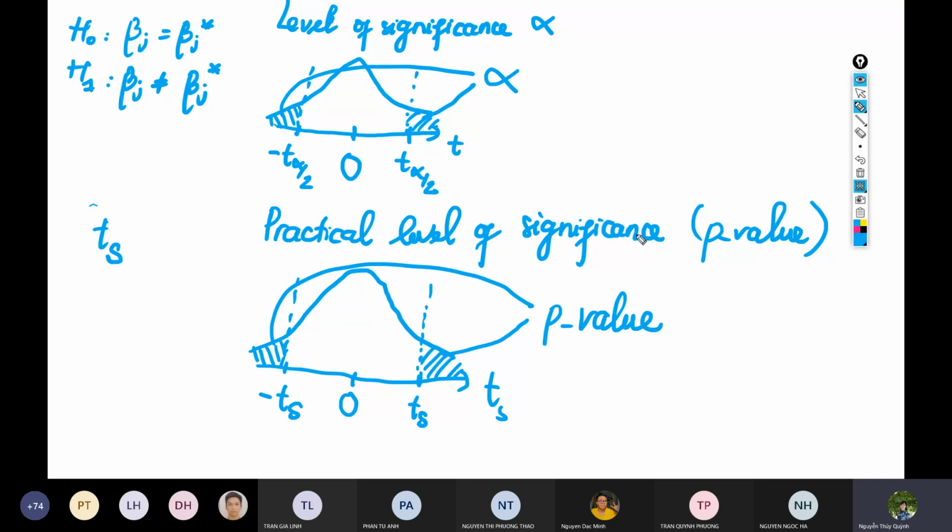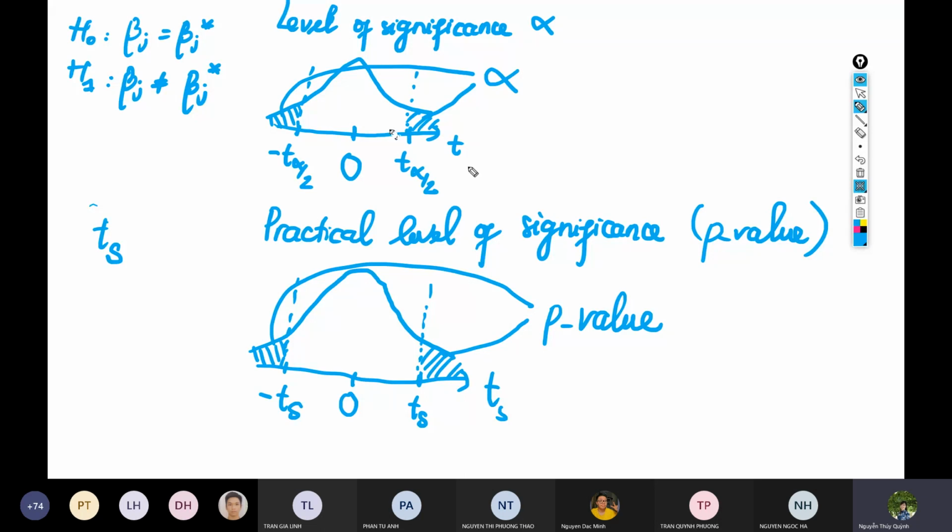We reject H0 when the absolute value of the observed value of T is greater than the critical value of T. Suppose that our observed value of T is here.